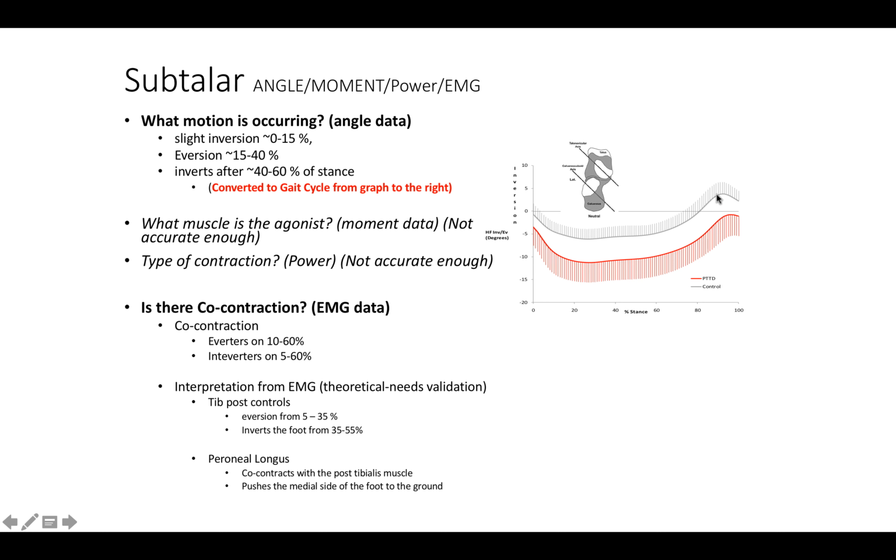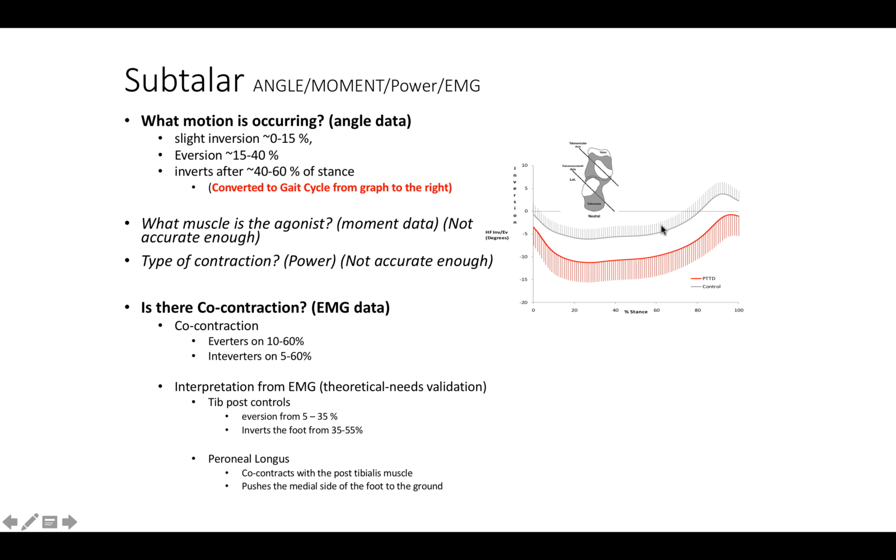And so this really correlates well with this idea of a locking mechanism, where the foot's loose during that weight acceptance component because the hind foot's in eversion. It stays in eversion as the foot's adapting to the ground, and then after it gets through that single leg support phase and starts to move into double leg support, and just before then, it starts inverting.